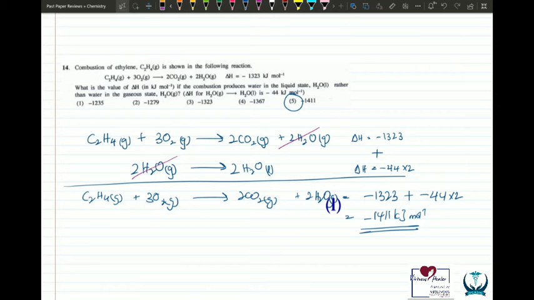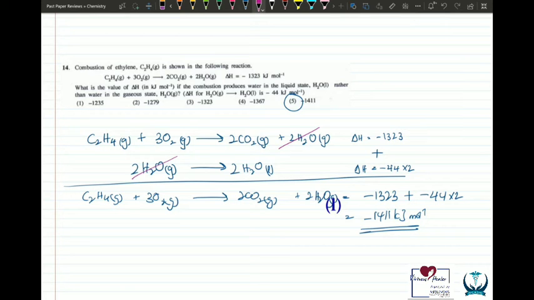For this, the delta H is minus 1323. And next, we take the equation for water gas going into water liquid. Now to simplify this to give us water liquid, we have to multiply this whole equation by 2. So you have 2 water giving us 2 water liquid. Therefore the delta H is minus 44 into 2.